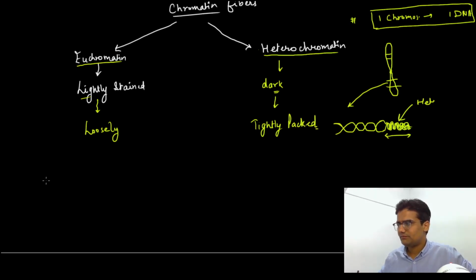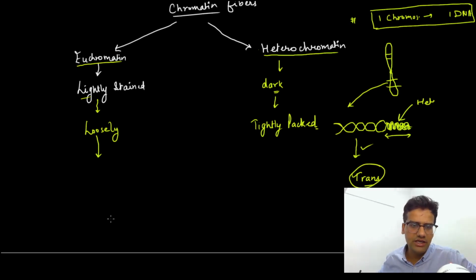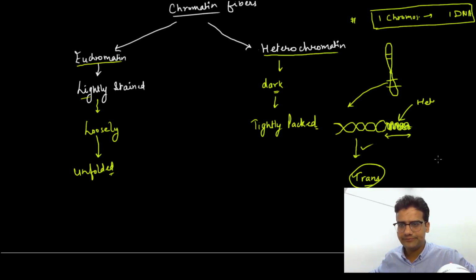If we talk about gene expression, if you have to transcribe this part, it can be easily transcribed, because the unfolding of this part is easy. If you have to unfold this DNA, you can easily unfold it. So this can undergo easy transcription, easy translation.